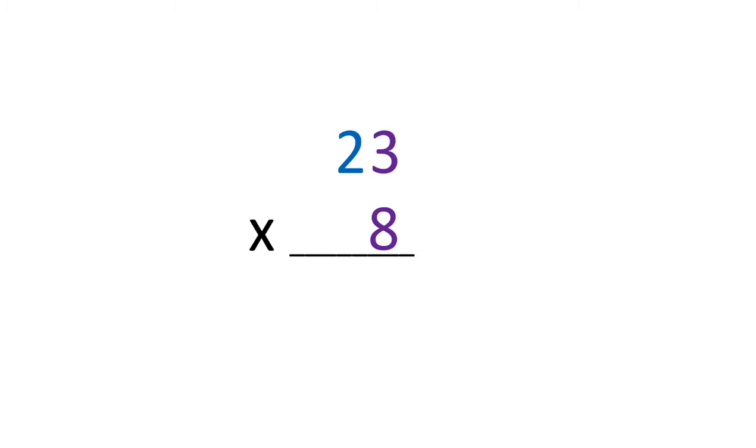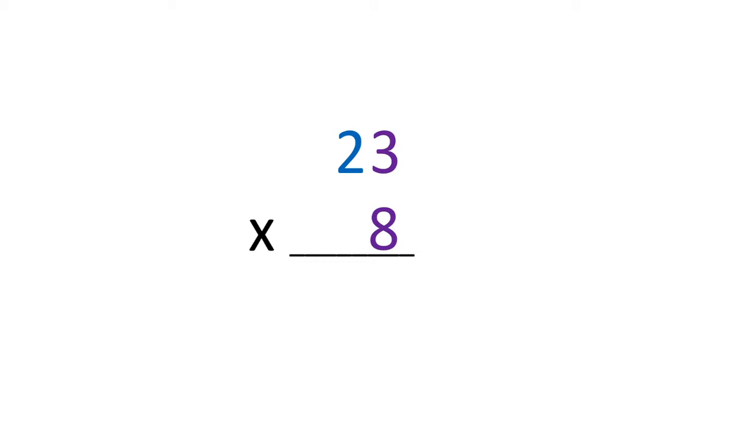Okay, last one. 23 times 8. Where do we start? In our ones place. We always, always, always start in our ones place. 8 times 3. Think about 24. Can I just write 24 here?